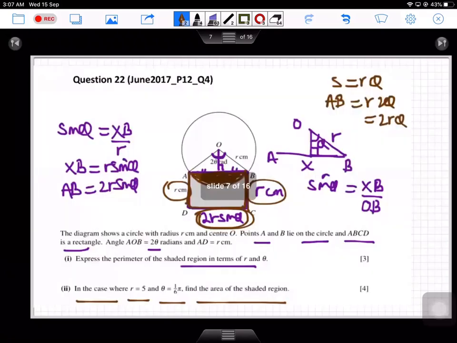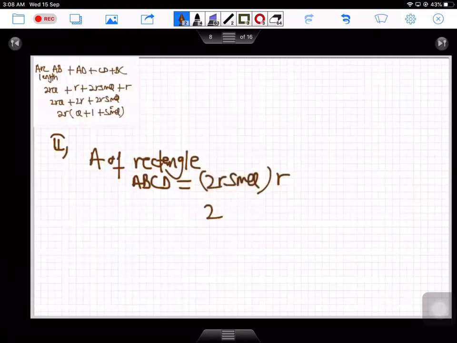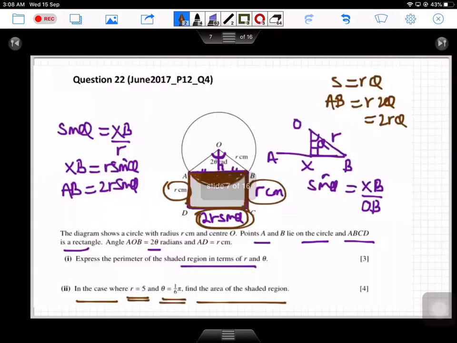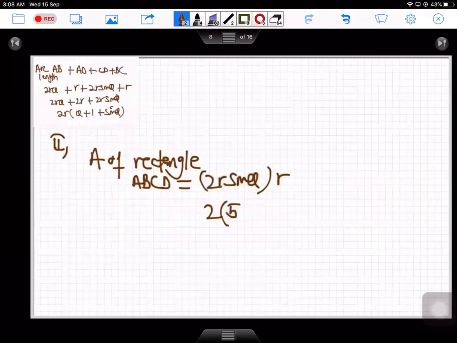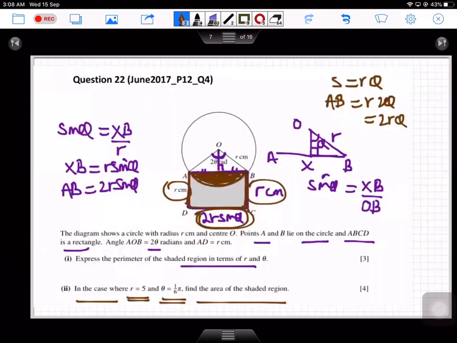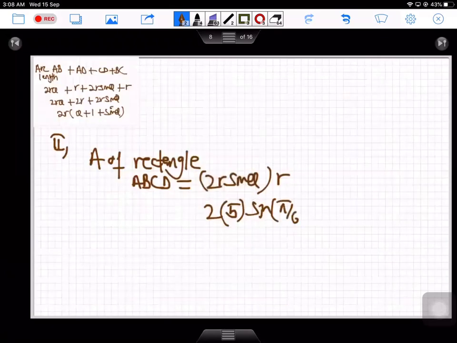Now we are dealing with the case where r is equal to 5 and theta is equal to pi over 6. So area of the rectangle is 2 multiplied by 5 multiplied by sine theta, where theta is pi over 6, and then again multiplied by 5.